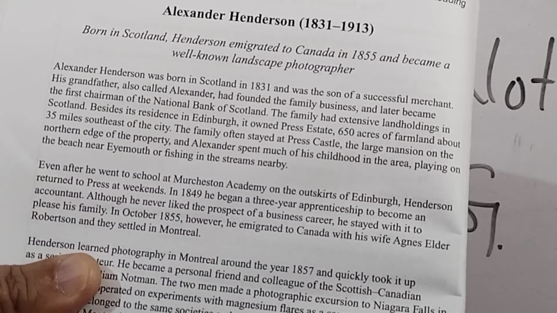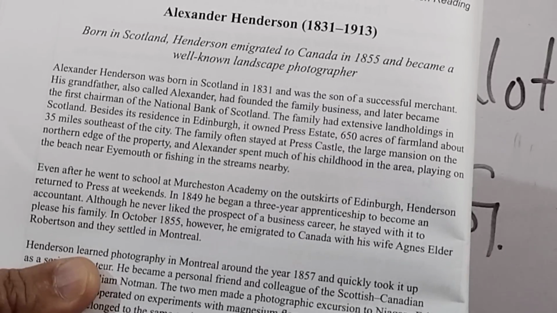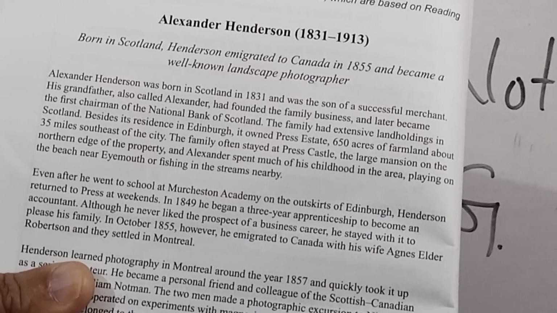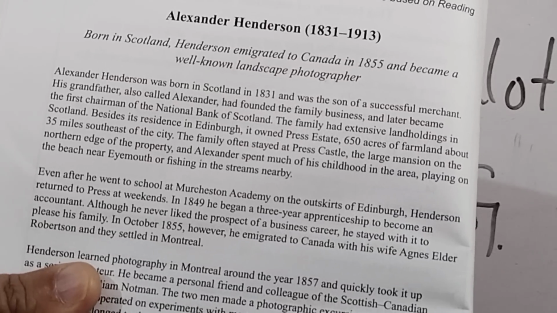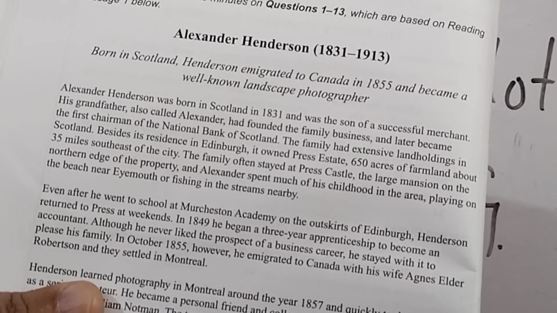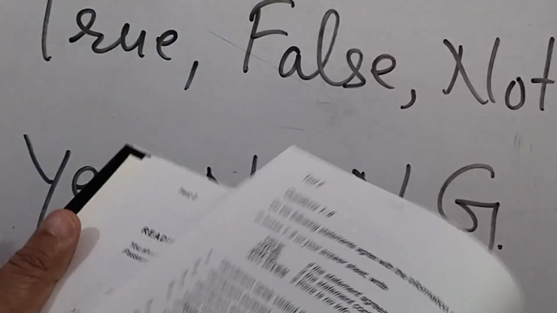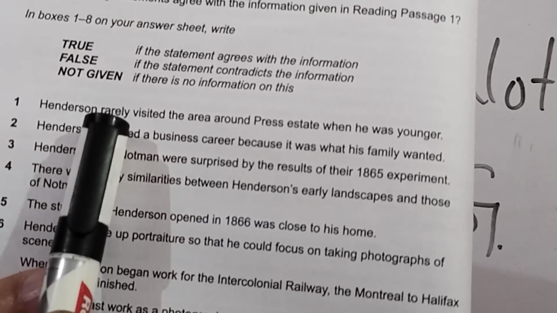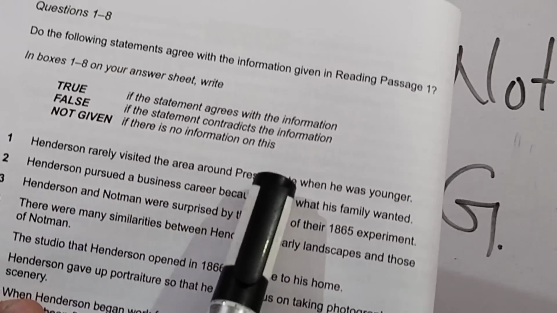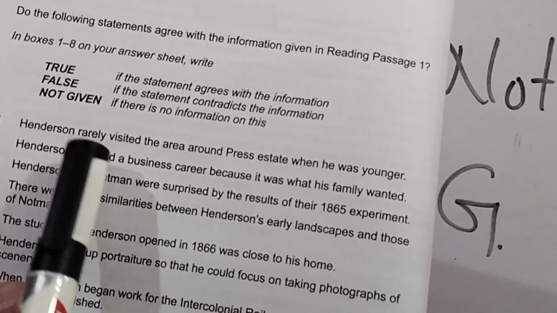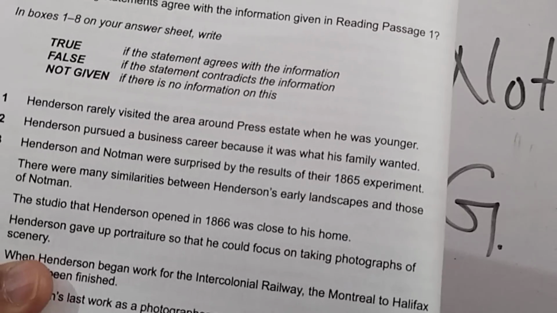So this information makes it clear that he used to go there quite often, many times, during his childhood. The information in the question sentence is 'rarely', and this 'rarely' makes the answer false. So the answer is false. If it said 'quite often', Henderson quite often visited the area, then it would be true.